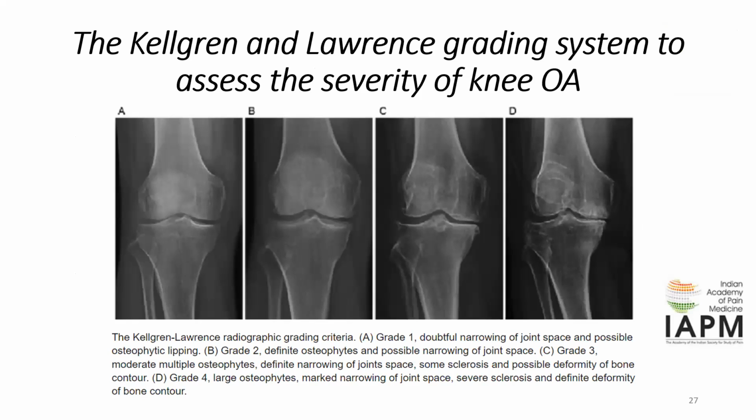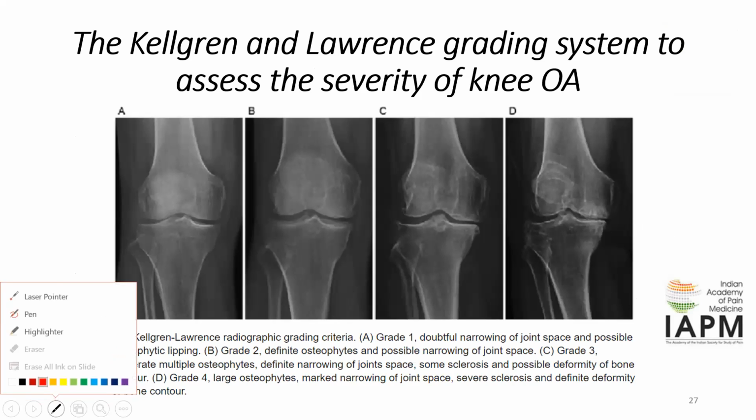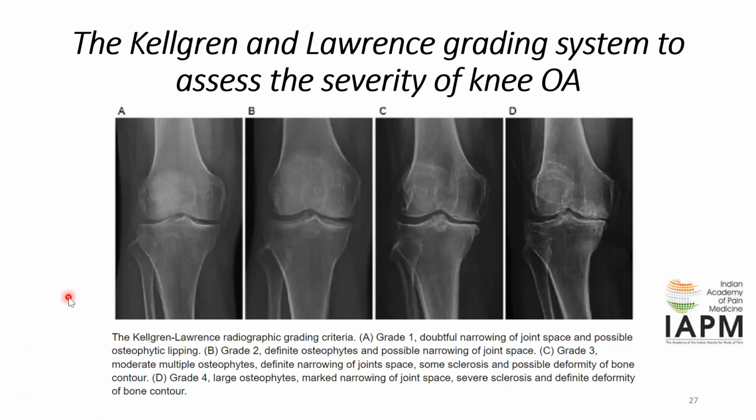The Kellgren-Lawrence grading system shows us that in grade 1 there is doubtful narrowing of the joint space, and in grade 2 there is possible joint space narrowing and possible osteophyte.